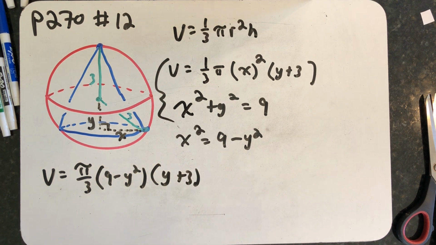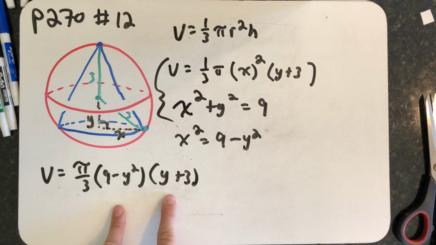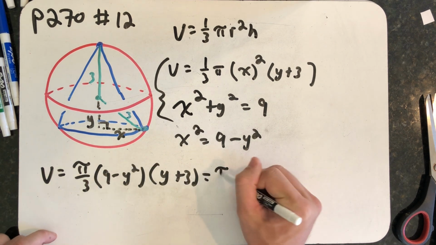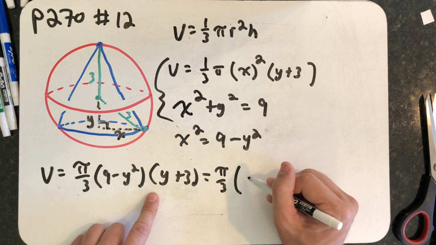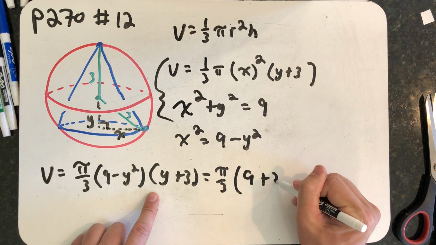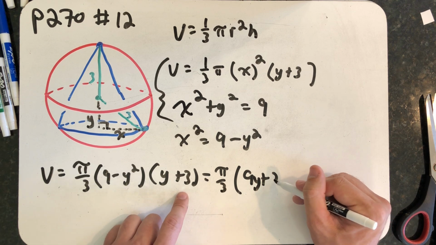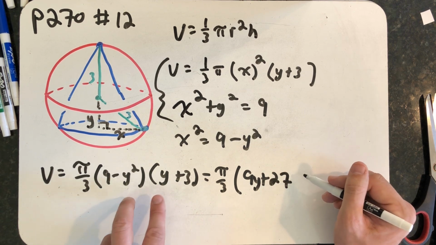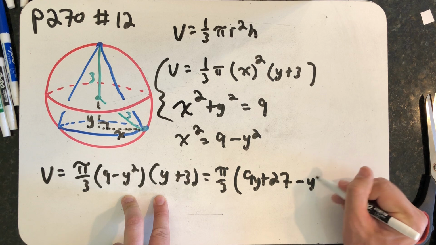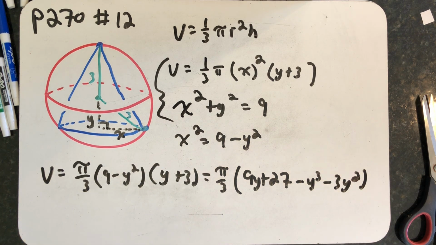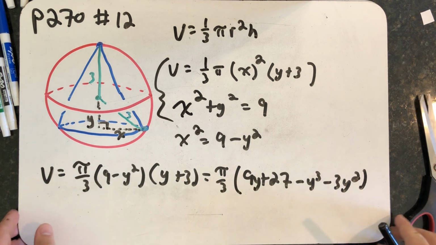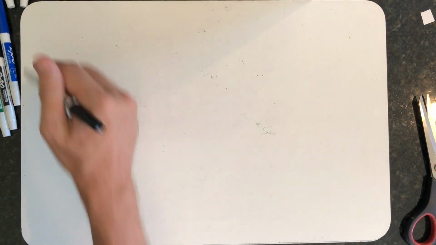All right, so let's distribute, collect all of our like terms, and then see if we can take a derivative. Leave that pi over 3 on the outside just for a moment. All right, I have a 9y plus 27 minus y cubed minus 3y squared. All right, I'll rewrite this on the next board and see what we have.